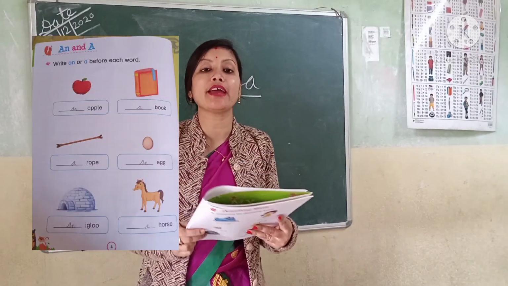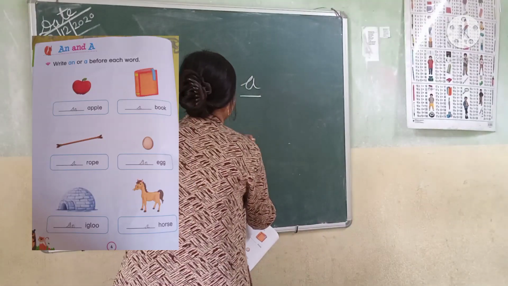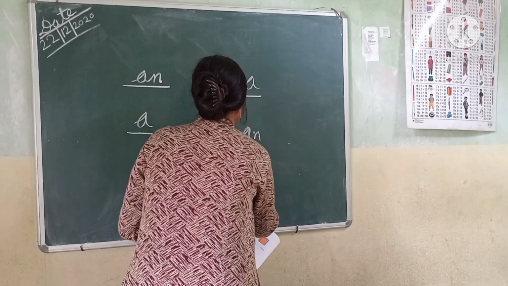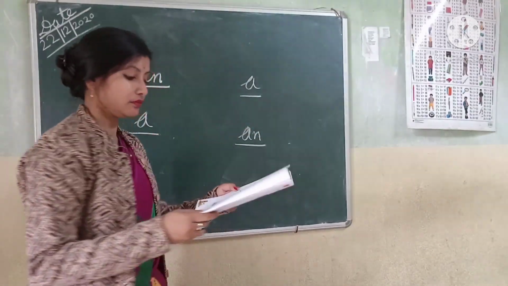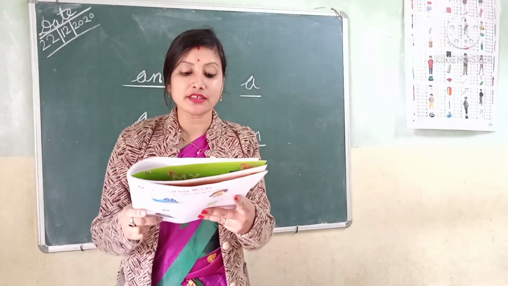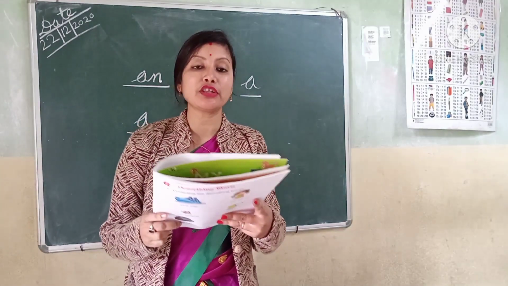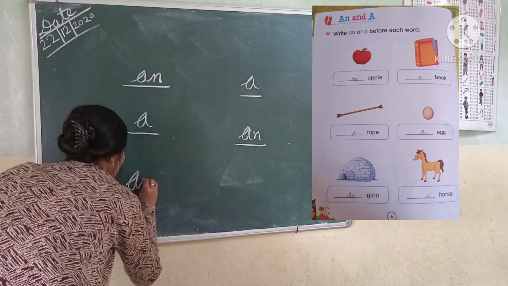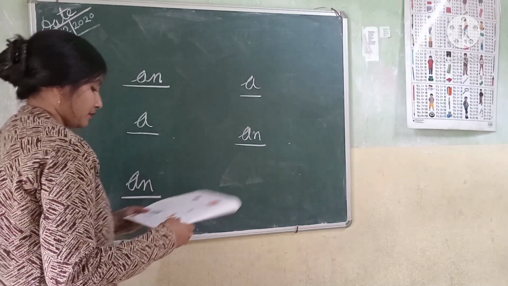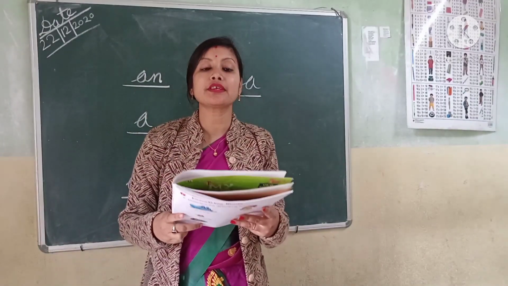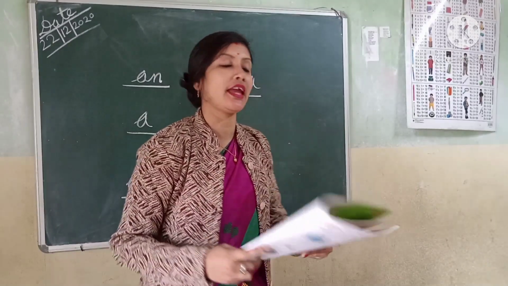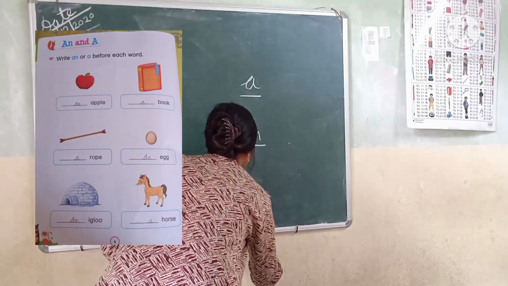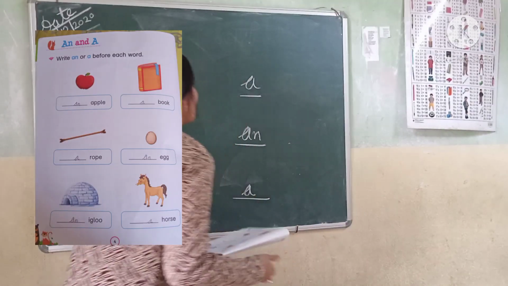E is vowel. So write N. Next one is igloo. I is vowel. So write N. Horse. H is consonant. So write A. Okay.